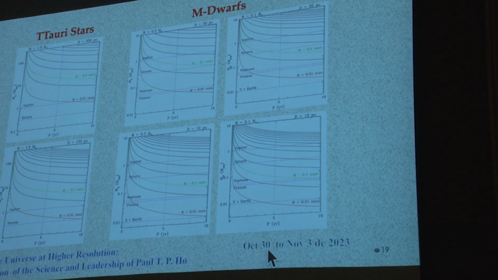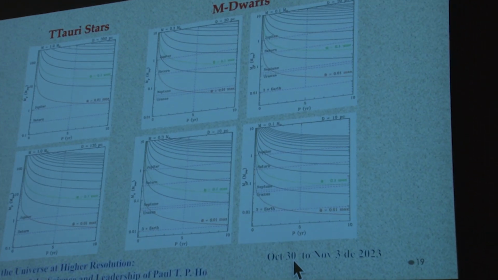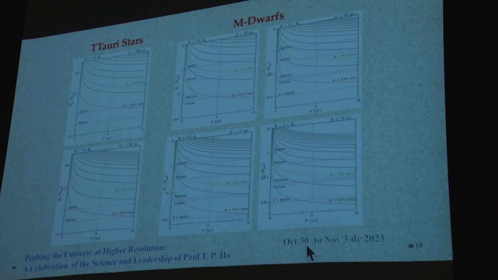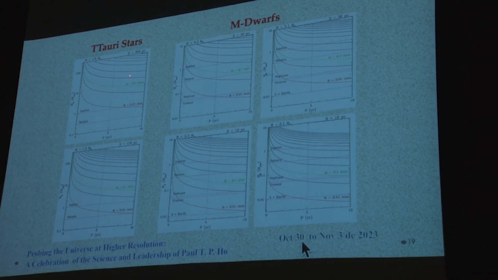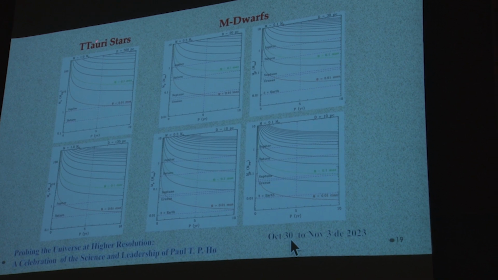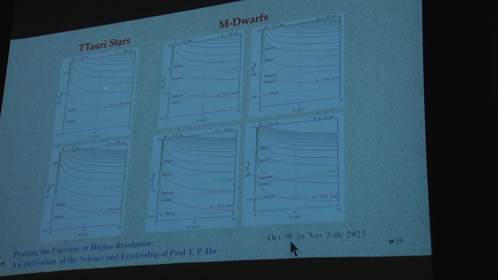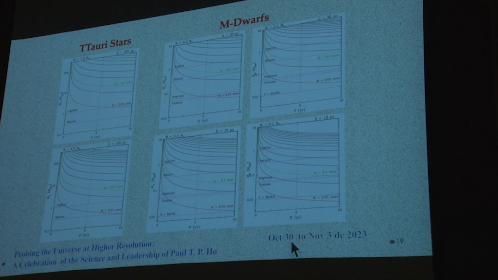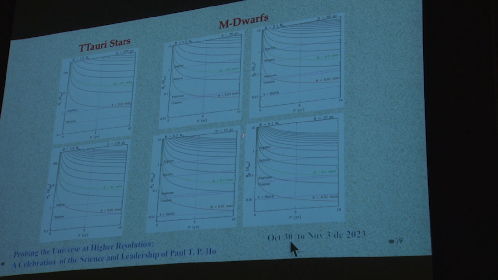And I have done some calculations just to see what kind of planets we would be able to observe with the ngVLA. On the left, these are Theta stars. You see two different distances, just to see the kind of planets we would be able to find. And this is low mass stars, also at different distances.